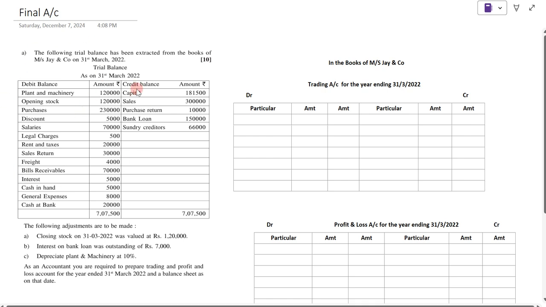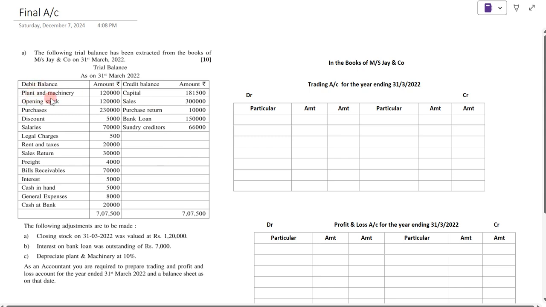On the screen you will find the example. The following trial balance has been extracted from the books of Jay and Company as on 31st March 2022. This is the trial balance, so debit balance and credit balance is given.